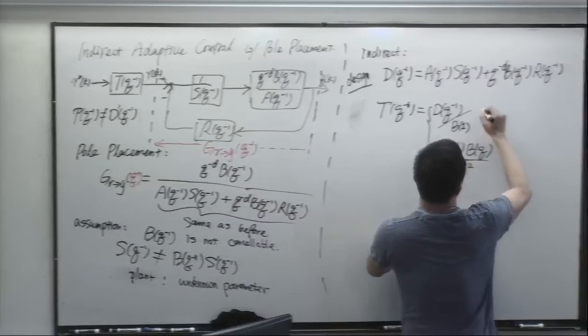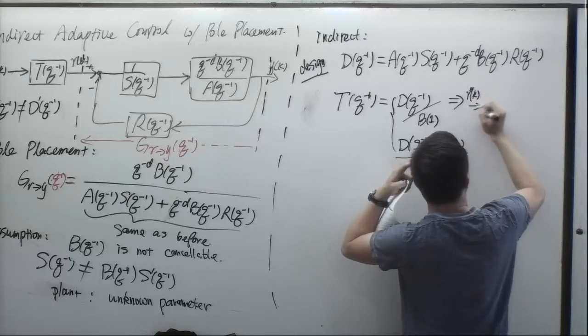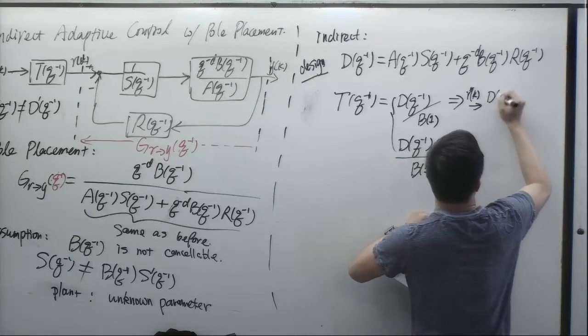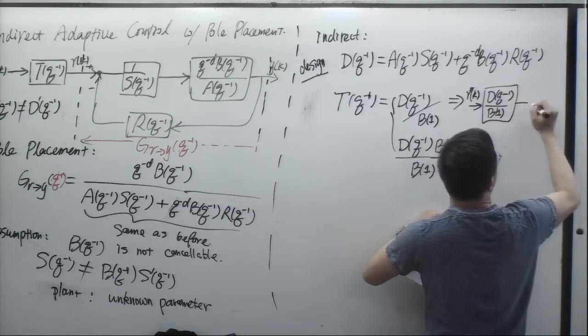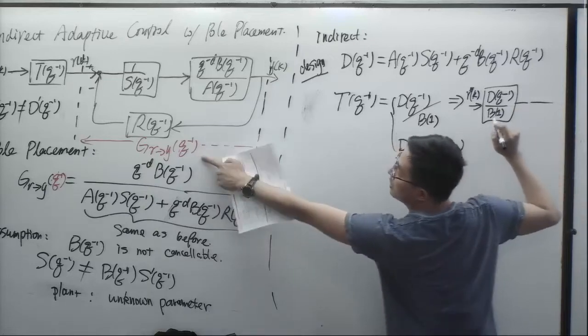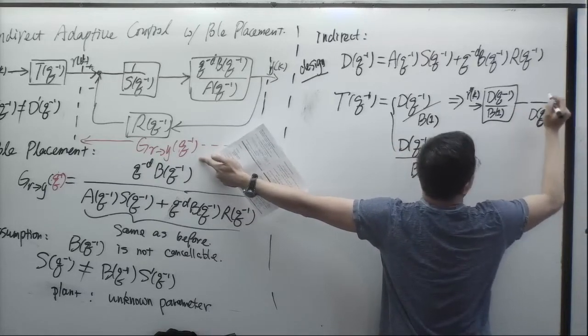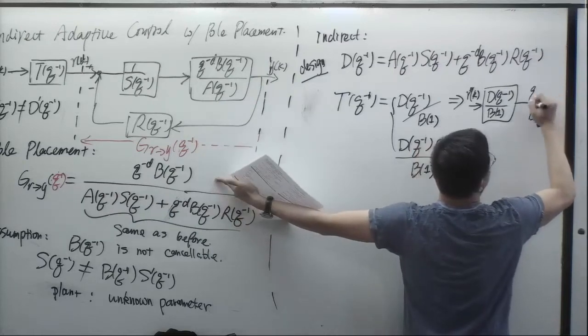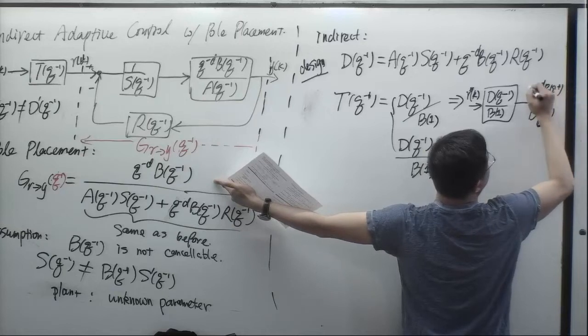This is going to lead us to the block diagram with R star K going through D, E, and then this part, the closed loop transfer function with Q negative D and B in the numerator.